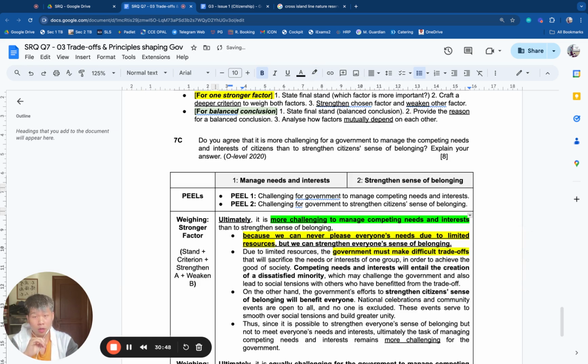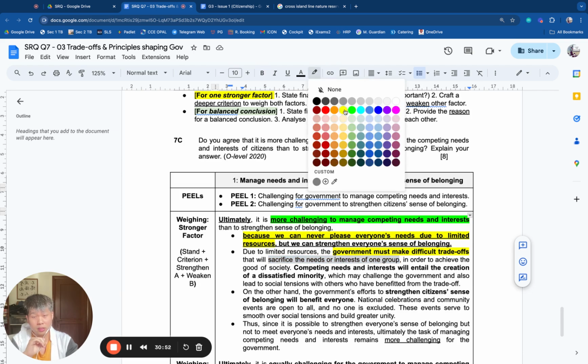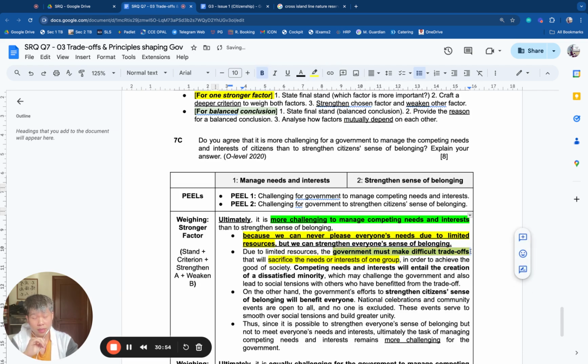Because there will be one group that's sacrificed, and the government must make a decision based on their principles on who to sacrifice, why, and how does that achieve the good of society. And so there will be a dissatisfied minority. There will be some group that will never be happy with the decision.